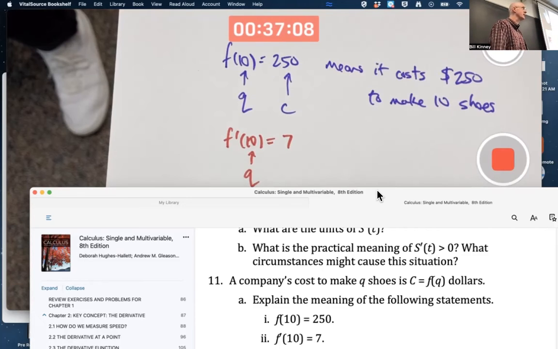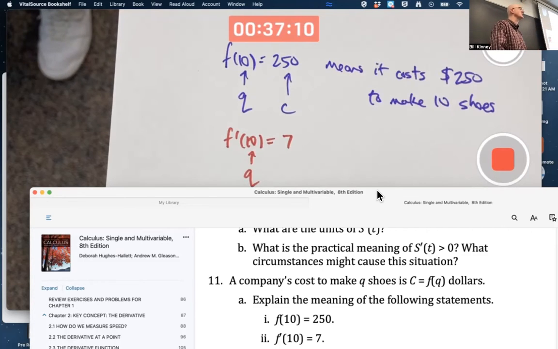Rate of change. It's a derivative. Derivatives are rates of change. They are slopes of tangent lines. Slopes are rates of change. They tell you how fast a function is increasing or decreasing. The steepness of the graph reflects how fast the dependent variable changes as the independent variable changes.